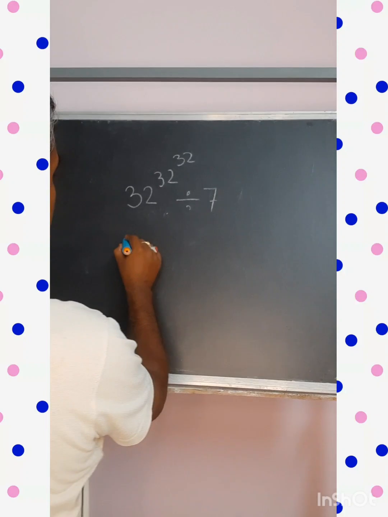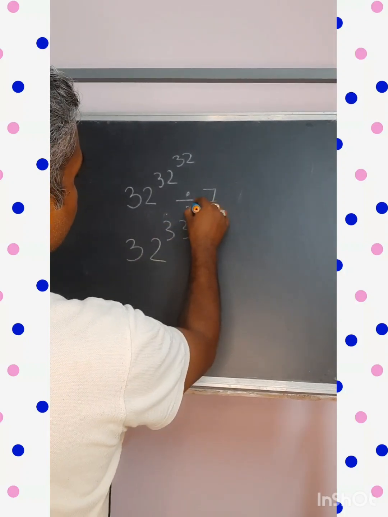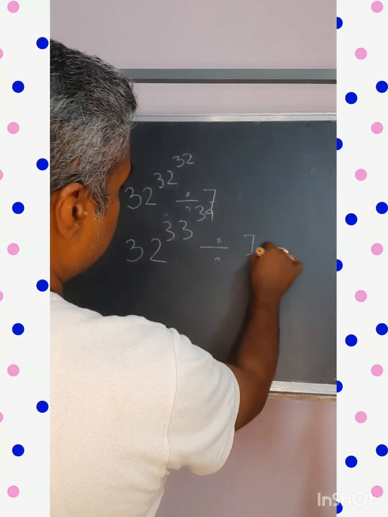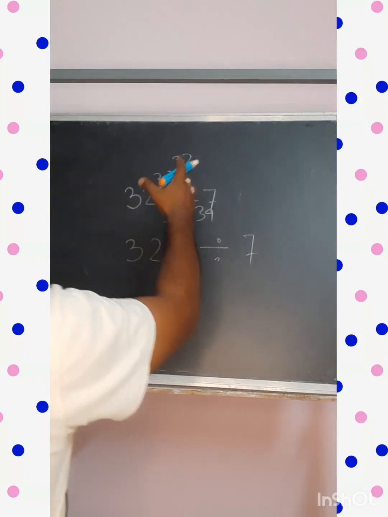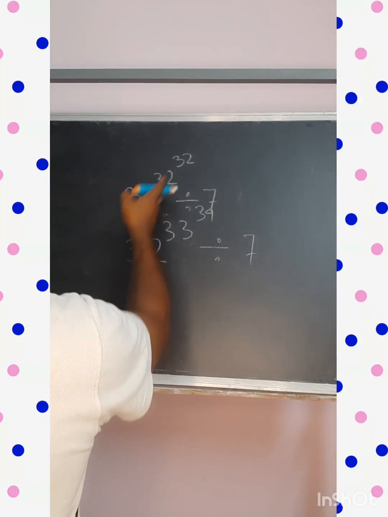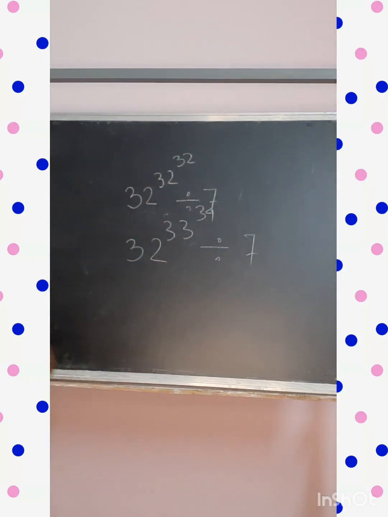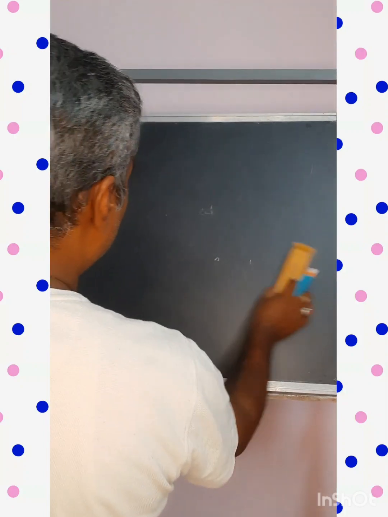Or let's say the number being twisted a bit, 32 power 33 power 34, if it is divided by, let's say, the same number, what would be your remainder? So there may be some twists here and there, the digits may change or the power may change, but what I will show is the same procedure that you can follow for all this kind of problem. So let's start.